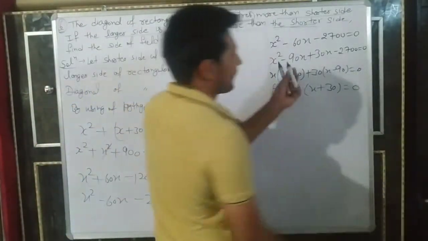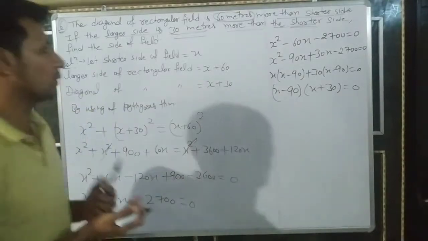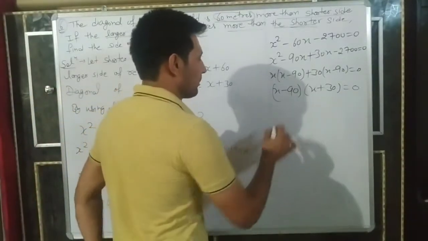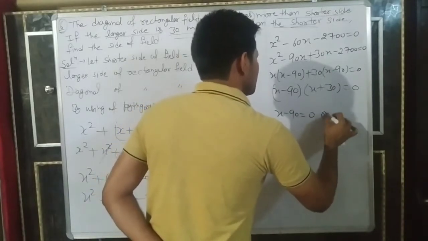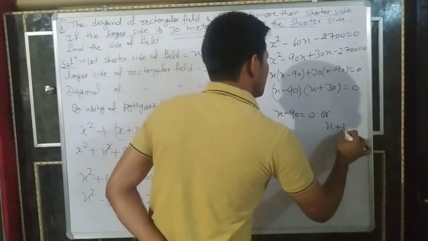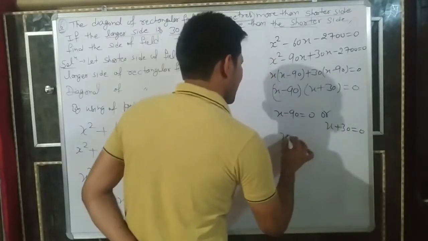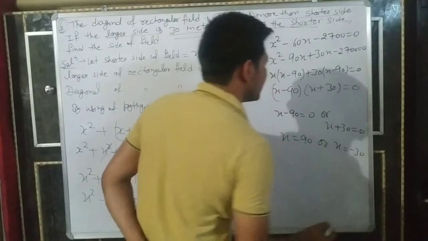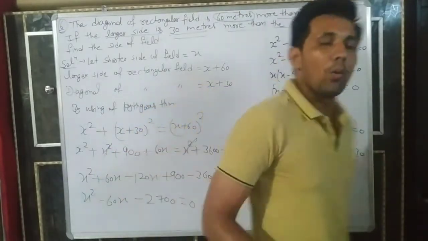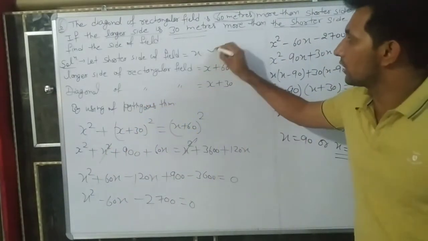We have done many questions of the same type. So what is multiplication of two numbers? It means either the first number is 0 or the second number is 0. If the first number is 0, x is 90 or x equals minus 30. And everyone knows what x is? x is the shorter side.